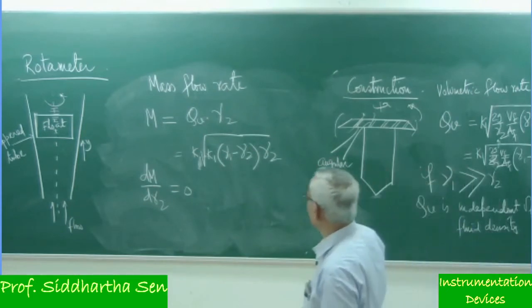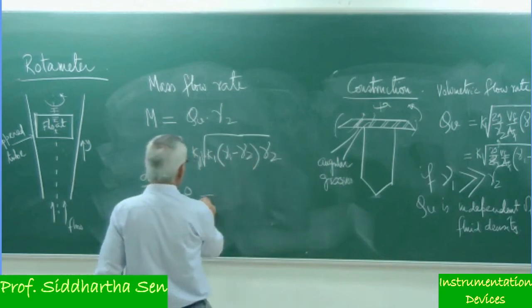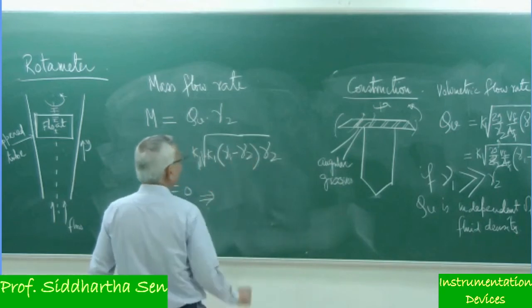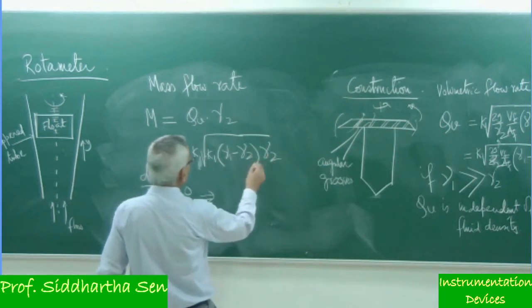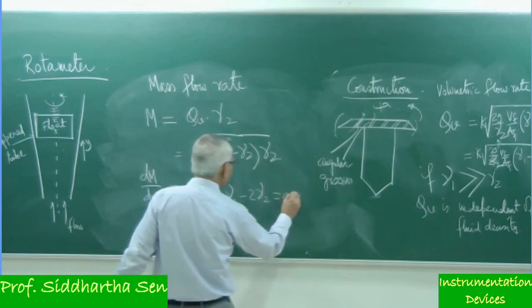Then for that case, if we differentiate it, what will be the result? The result will be gamma 1 minus 2 gamma 2 equal to 0.